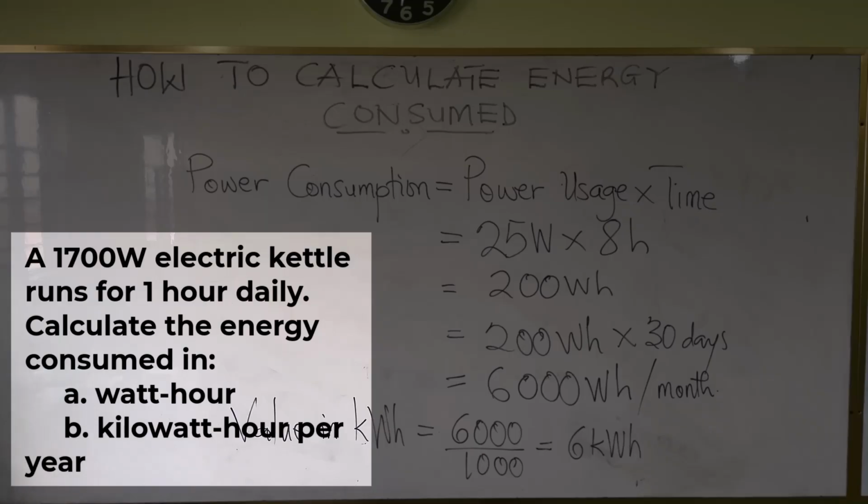What do you get? I know 1,700 for watt hour. Yes, kilowatt hour is 1.7. Wait, the power is 1,700. What is the number of hours? 1 hour per day. You have to calculate the energy consumed in watt hour and kilowatt hour in 1 year. The number of days in 1 year is 365 days.